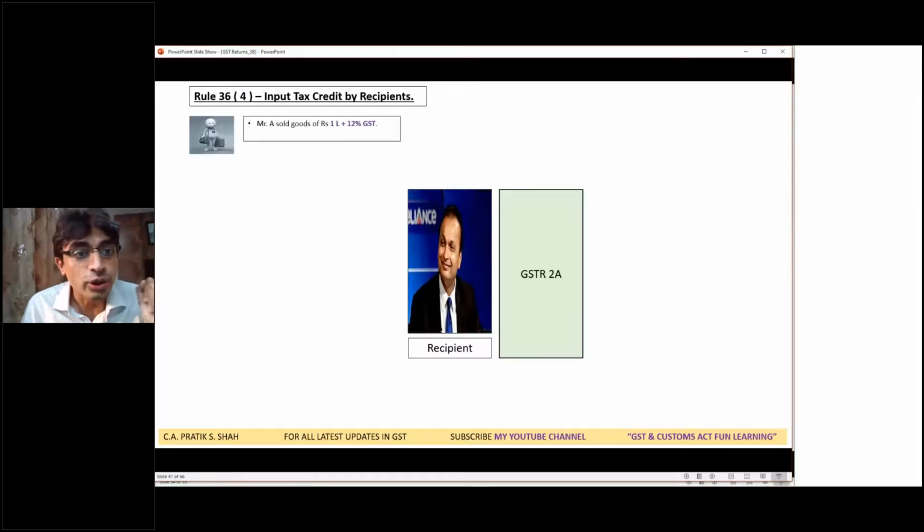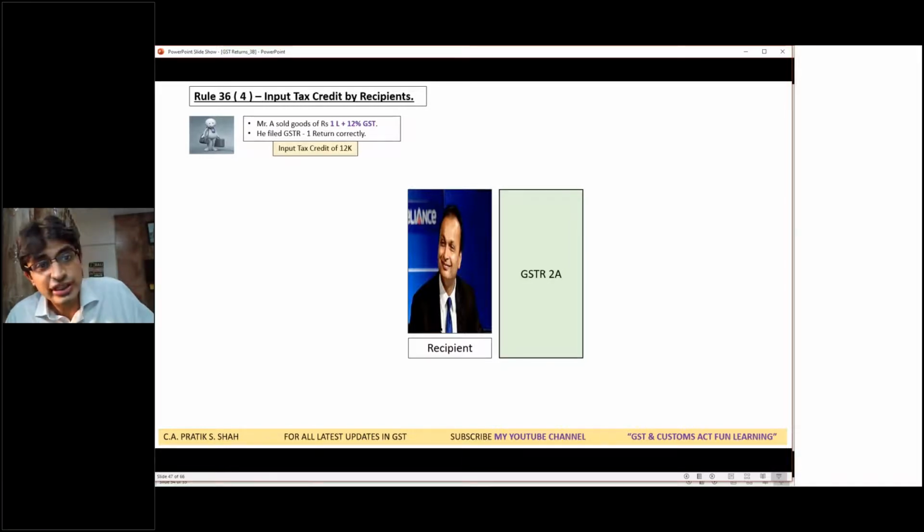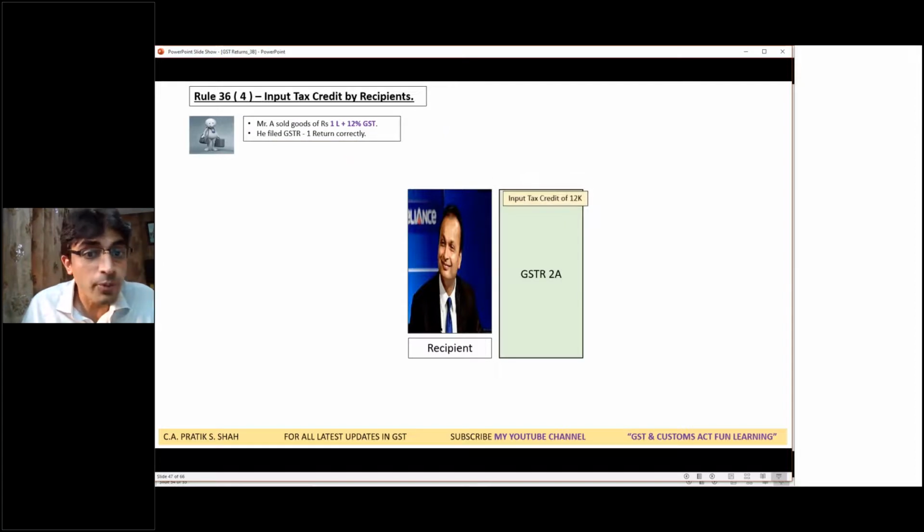He bought goods of rupees 1 lakh plus 12% GST. The supplier, Mr. A, filed GSTR1 correctly. Through his GSTR1, details got auto-populated in the buyer's 2A. This he can see, so he can take this credit.